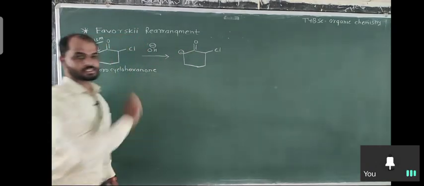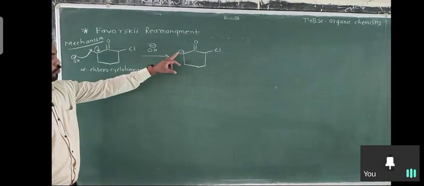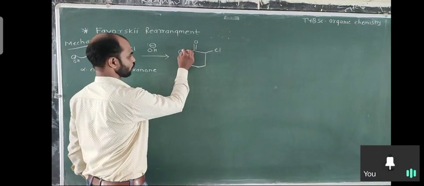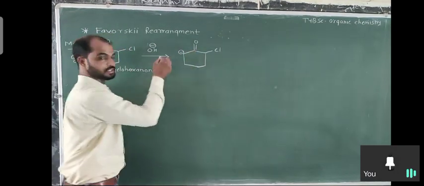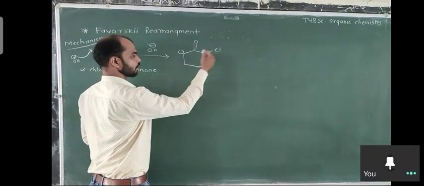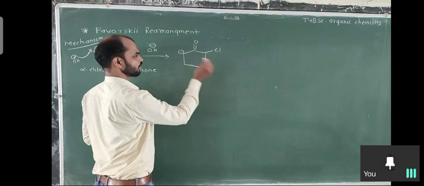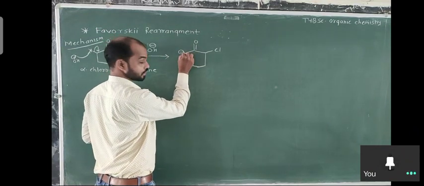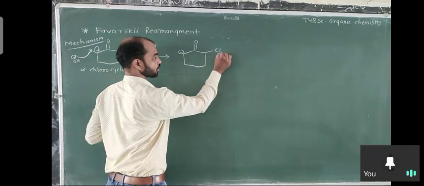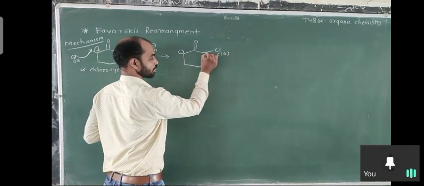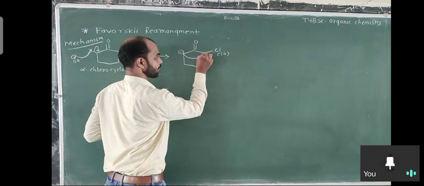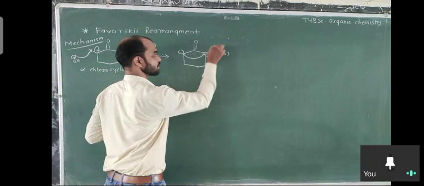There is abstraction of a proton and formation of a carbanion, and you all know there is delocalization, meaning it is an enolate form. This negative carbon is a nucleophile. The carbon having the halogen has a leaving group and a partially positive character. That's why the negative carbon will attack here and Cl minus is lost.